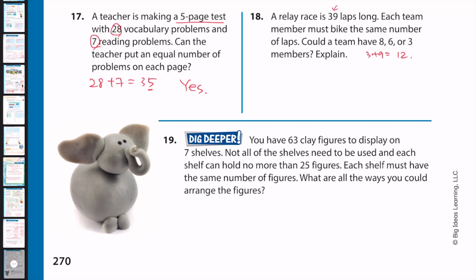What about 8? 39 is not a multiple of 8. So only 3 members. How do you explain? Because 39 is not divisible by 6 or 8. I'm sorry, I'm getting sleepy, I think. My tongue is not working properly.